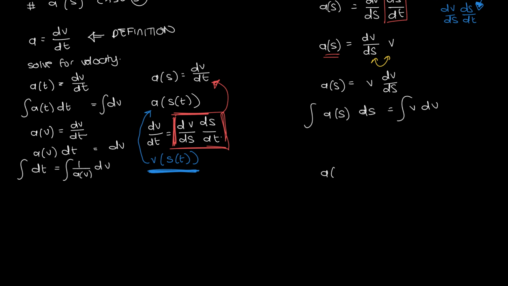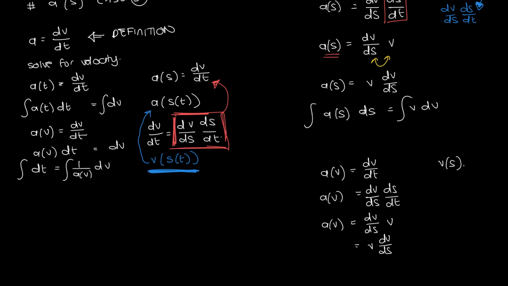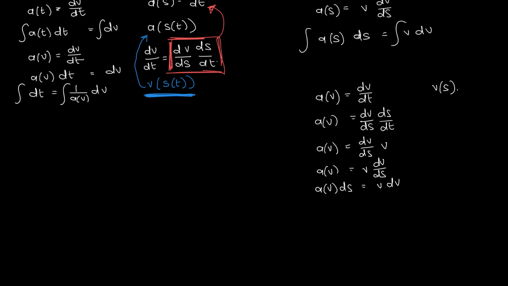You would have a v, you have dv dt, but if you want v as a function of s to come out, you're going to replace this with dv ds times ds dt to have a v there. Then you're going to have a v equals dv ds v, and again, you can switch them around, it's fine. a v ds, you can't leave it like that, but again, I'm doing a hundred steps unnecessarily to show you.